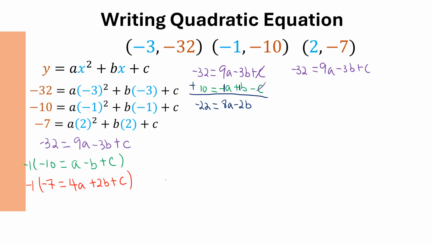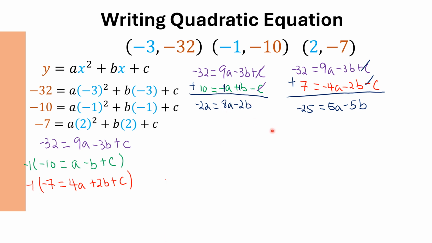And my second equation this time is going to be positive 7 equals negative 4a minus 2b minus c. So again, when I add these 2 equations together, my c's are eliminated because it became 0. So negative 32 plus 7, that's negative 25 equals 9 minus 4, so that will be 5, and bring down the a. Negative 3b plus negative 2b, so that's negative 5b.